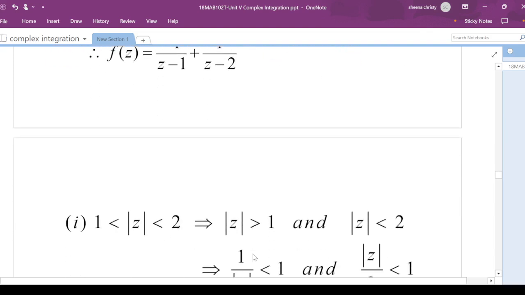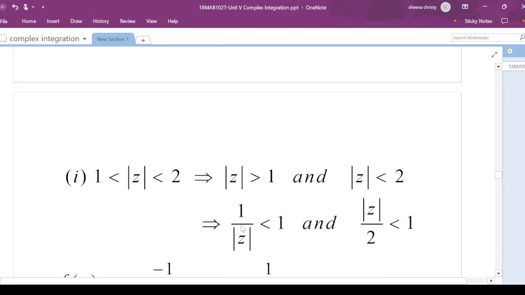In the first region, it is an annular region. This region 1 < |z| < 2 can be written as |z| > 1 and |z| < 2. Already we understood that the power series for the function 1 + z is valid when |z| is less than 1. So to bring it into that form, you have to invert it: 1/|z| < 1.